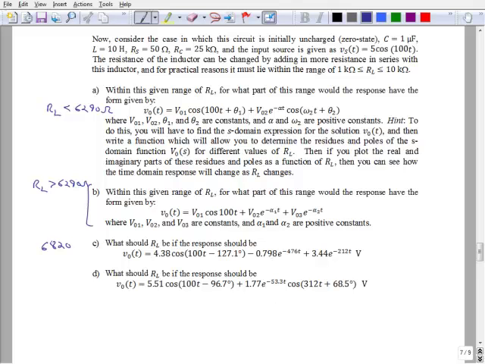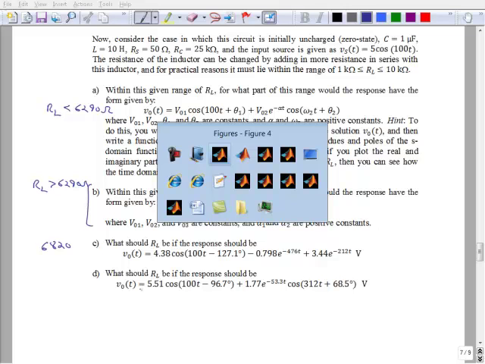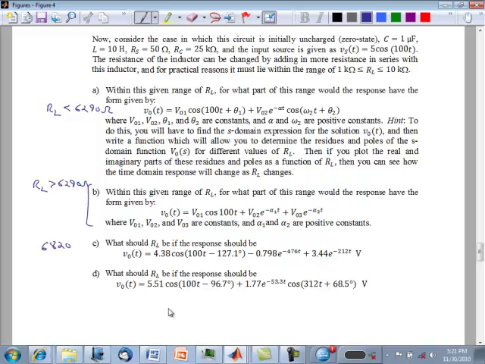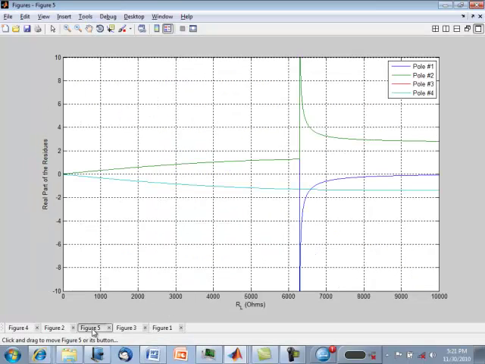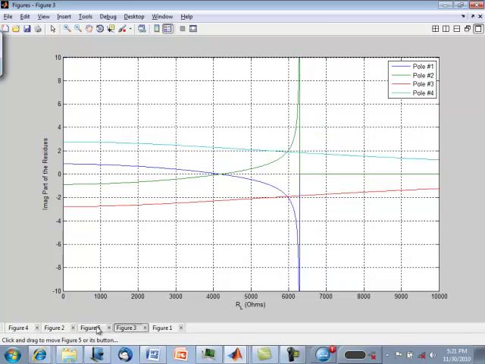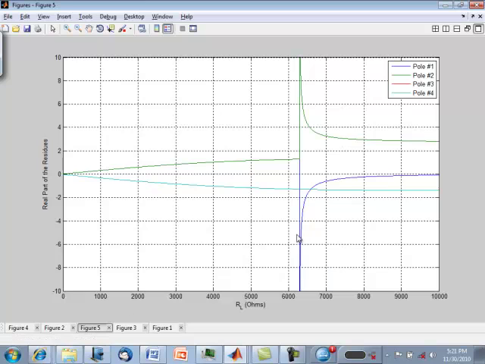So we have this 3.44 and this minus 0.8 as a result. So this seems to be the right value of RL. And similarly, we could look for the same thing and see the value of RL for the second case.